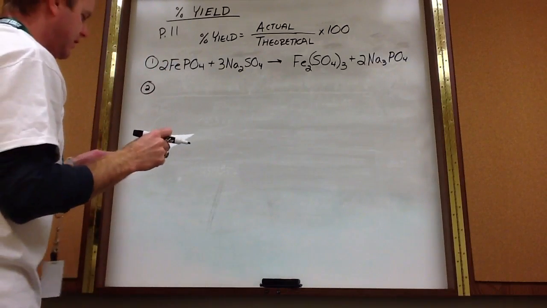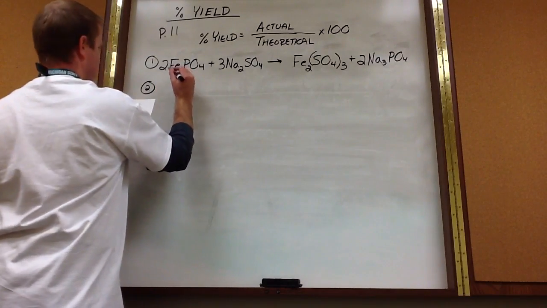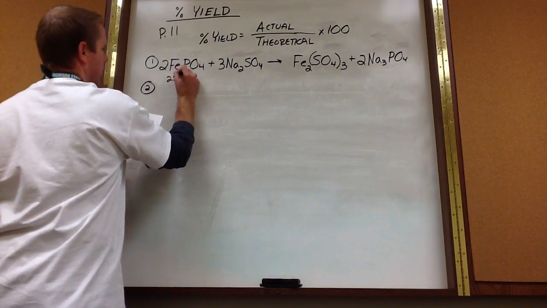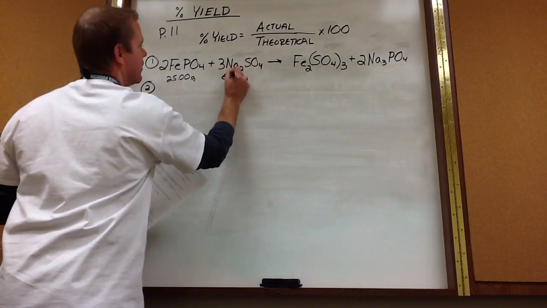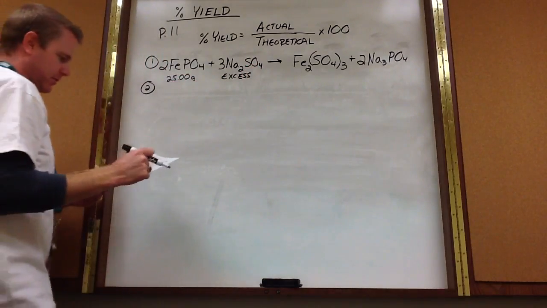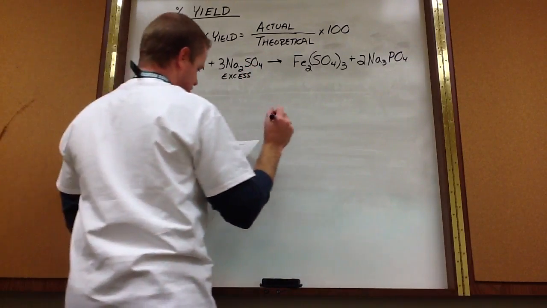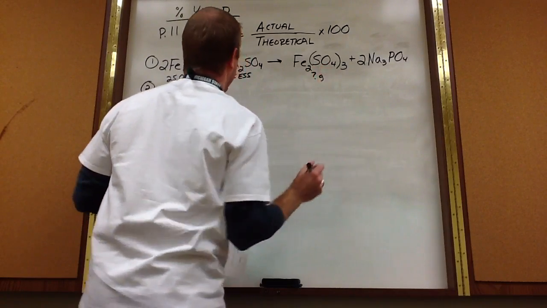Number 2 says, if I perform this reaction with 25.00 grams of FePO4, and in excess of the other reactant, I'm telling you what the limiting reagent is. So how much iron 3 sulfate can I make? What is the mass?